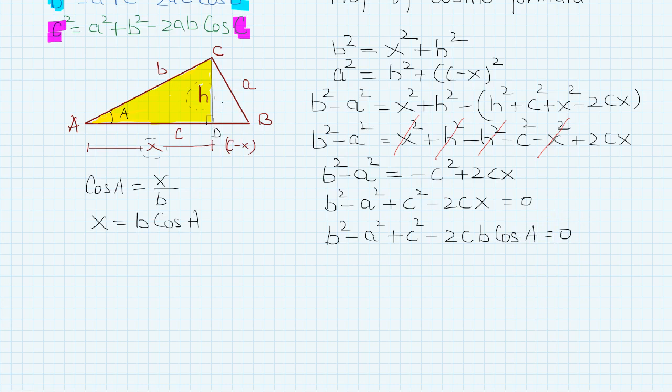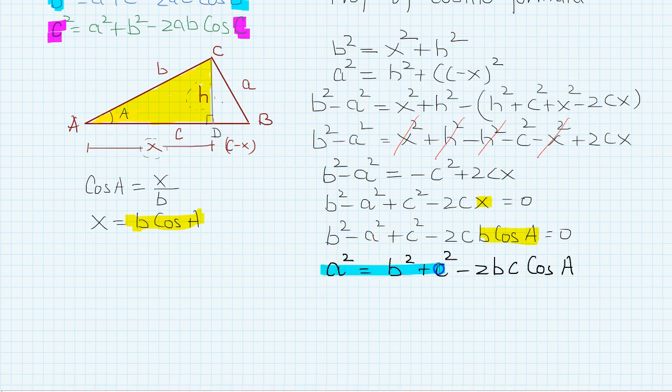We have replaced x by b cos A. So now we can write this formula in the standard form, and let's take a as this side. So a square is equal to b square plus c square minus 2bc cos A. That is the proof of the cosine formula.